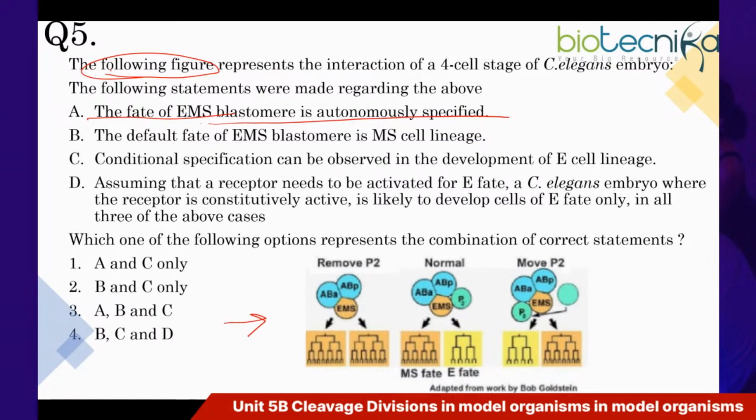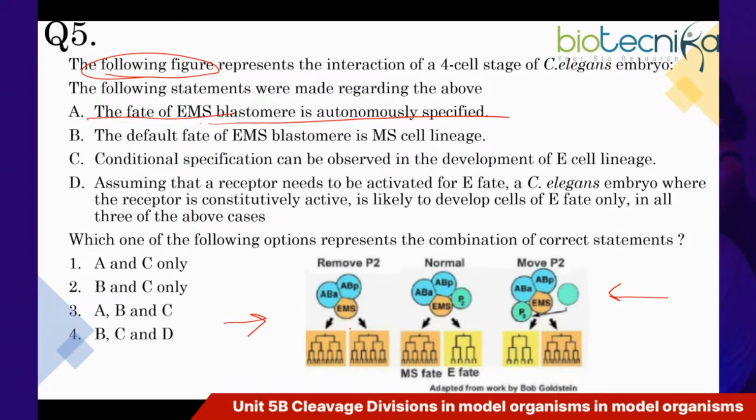But sometimes they will make up some false result that might not be happening in that organism, and based on that you have to answer. So always check the diagram, whether it matches the fact that you know about what happens in the organism. It is not necessary that the diagram's result matches what actually happens, so always check this first.